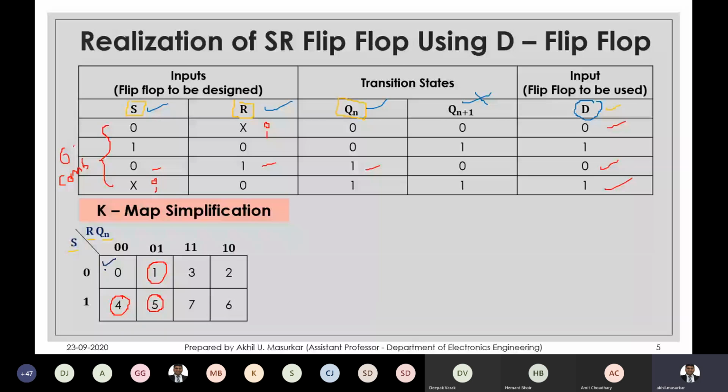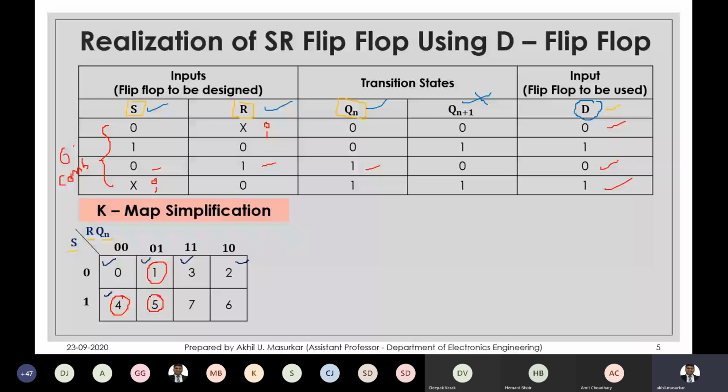Then 1, 0, 0 means 4 is addressed. 0, 1, 1 is 3, so 3 is also addressed. 0, 0, 1, 1 is addressed. And 1, 0, 1, 5 is addressed. So the ones which are not addressed are 7 and 6.